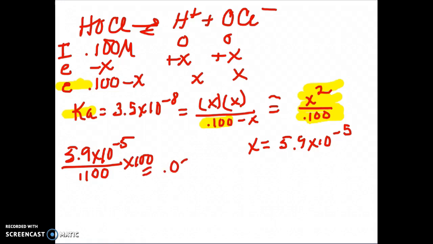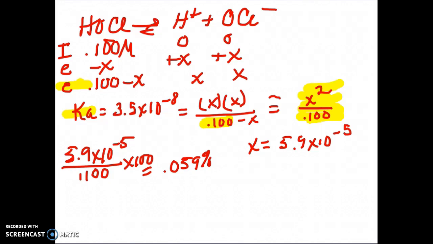And indeed, that is the amount of H that is dissociated in this equation, and it's definitely well below the 5%. So it's a good approximation. We're good to go. This is a great shortcut to take. It really does work. You don't always have to use the quadratic equation.